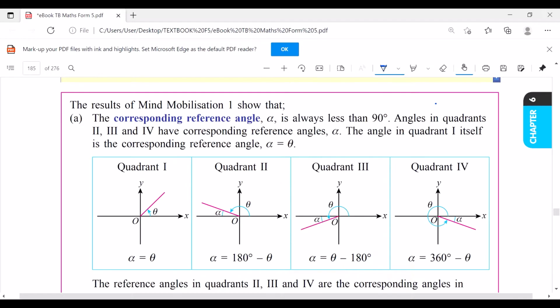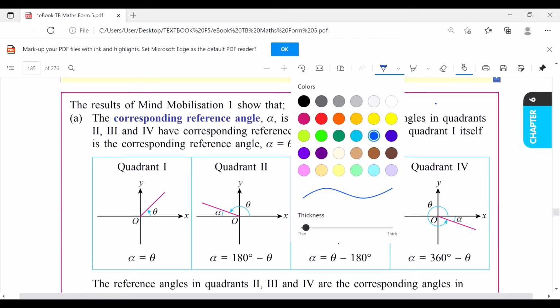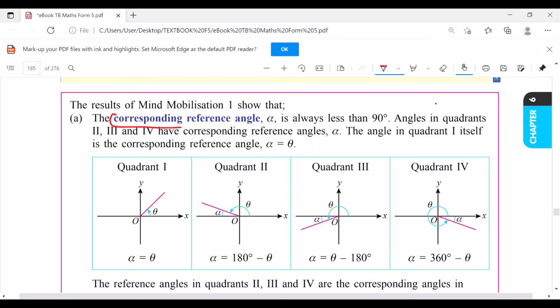Okay, the next thing that you have to know is this term, corresponding reference angle, and we call it alpha. So what does it mean, corresponding reference angle? Let's say your angle is more than 90, let's say 150 degrees.